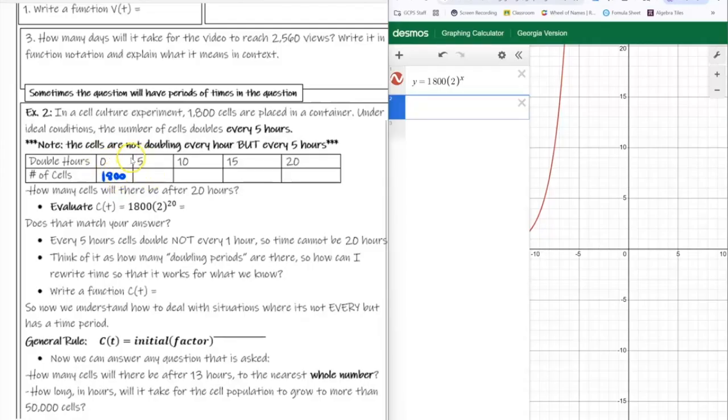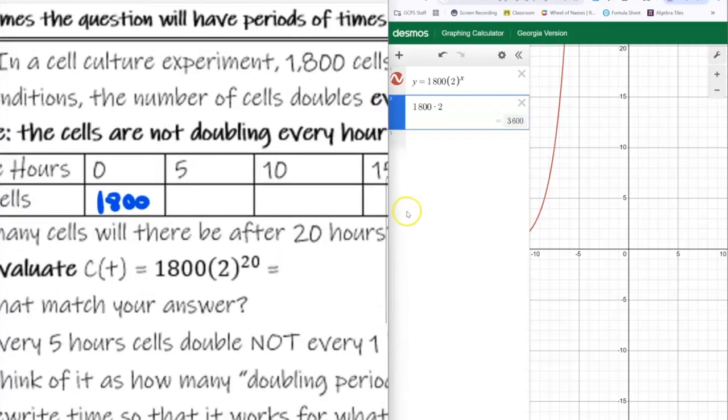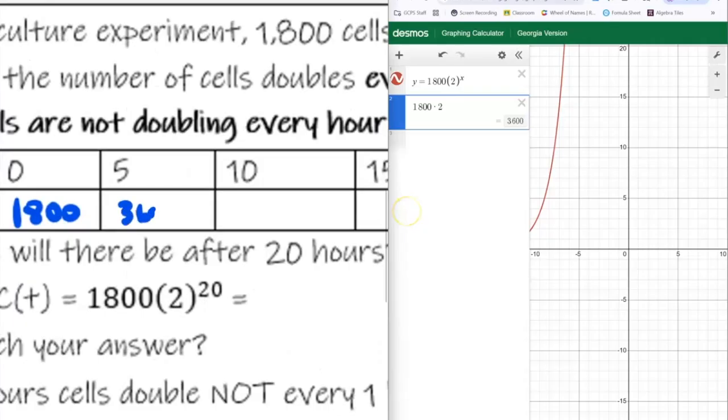So what I'm going to do is, instead of writing 1, 2, 3, 4, 5, 6, 7, 8 like that, I'm going to just do it every 5 hours. So 0 to 5. Then another 5 hours is 10. Another 5 hours is 15. Another 5 hours is 20. And now I know that every 5 hours, I just need to double this number, right? So I'm going to go 1,800, double it, which means times 2. So the next one is going to be 3,600.